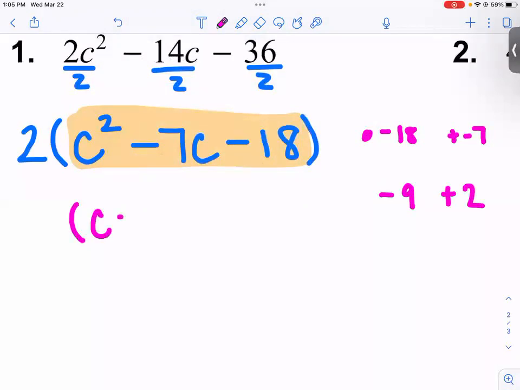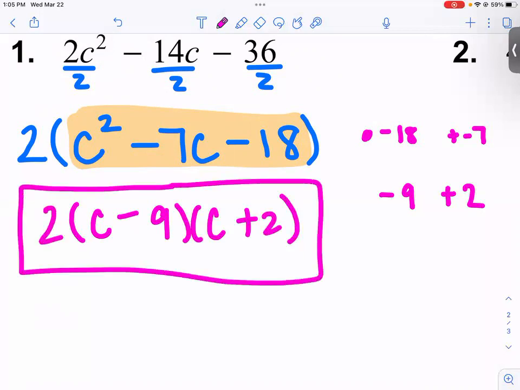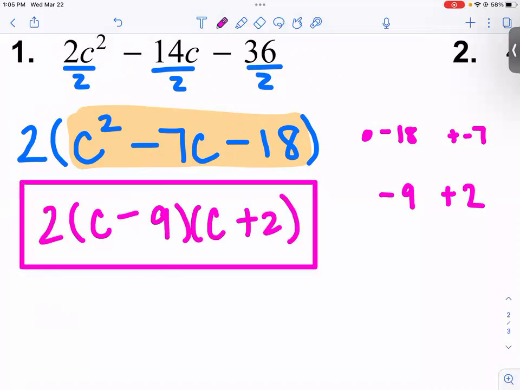So we can write c minus 9, c plus 2. And that 2 gets to stay out in front. Boom, we're done with number 1.